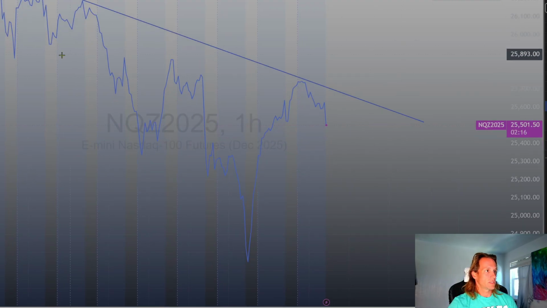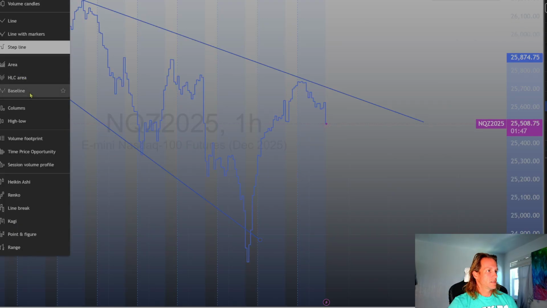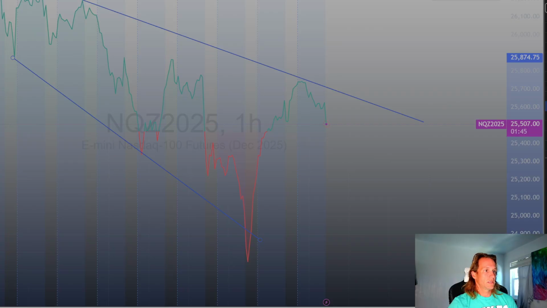Same thing with this low, if I was looking down here for something. There's step lines, baseline, which is kind of nice too, especially if you're doing the longer term stuff.